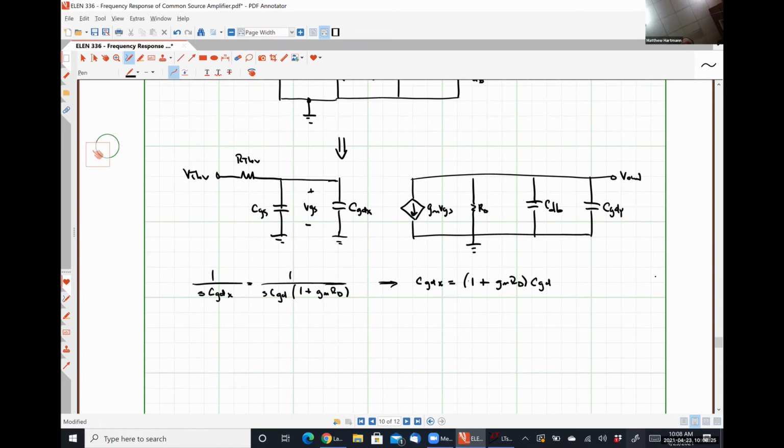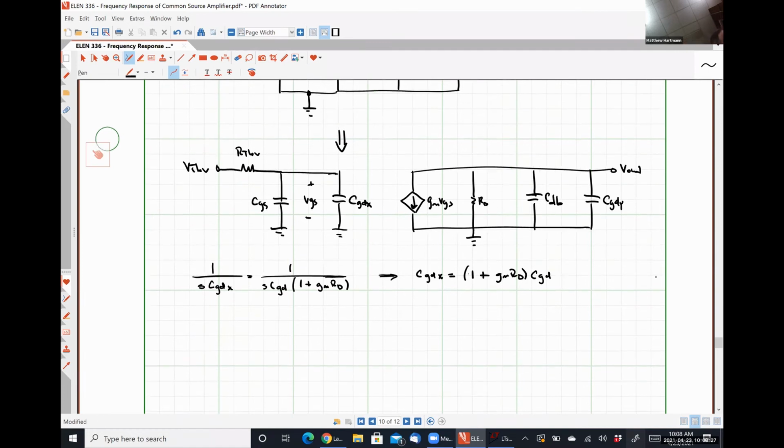If we look at CGDY, we are going to have 1 over S CGDY is equal to 1 over SCGD times 1 plus 1 over GMRD.